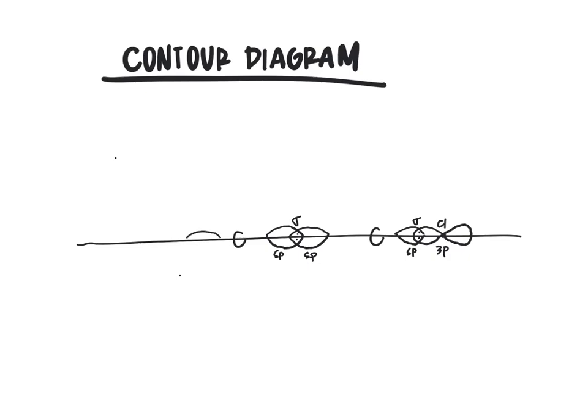Then on the other side, now we're going to get to the pi bonds. So the pi bonds are the p orbitals, like this, on each carbon.